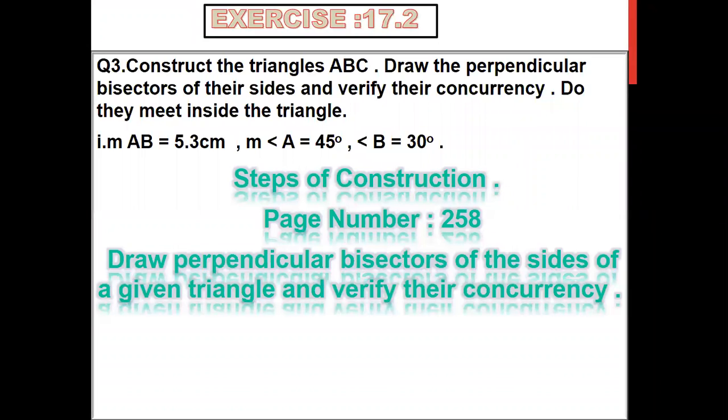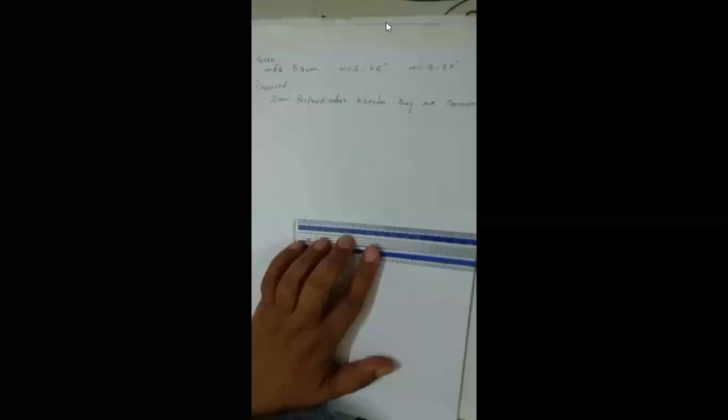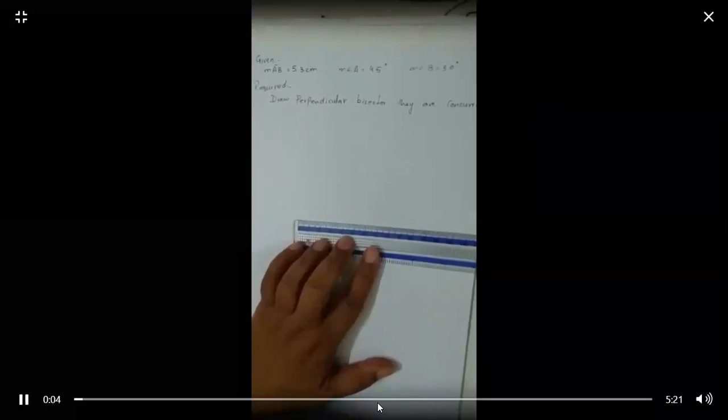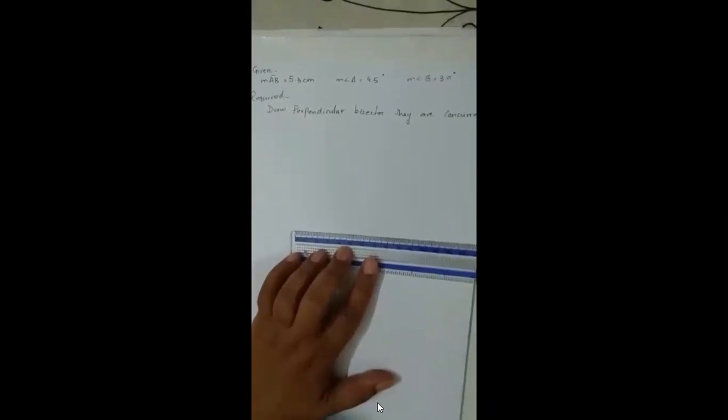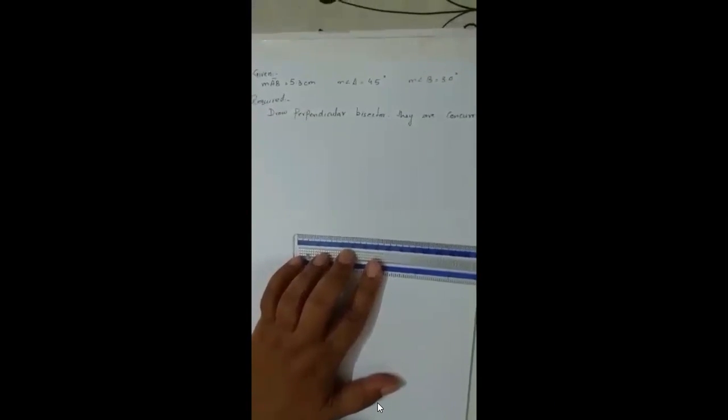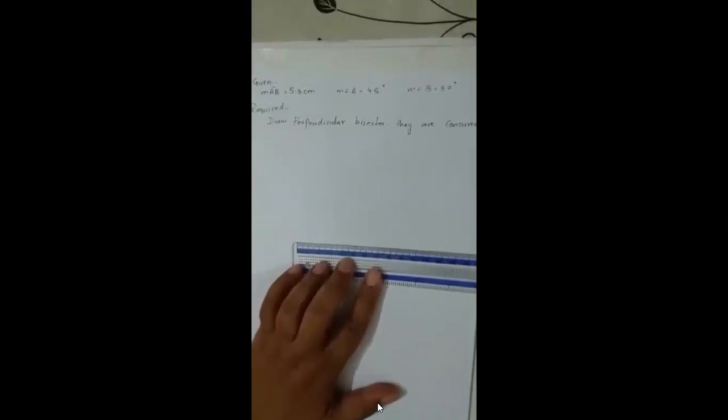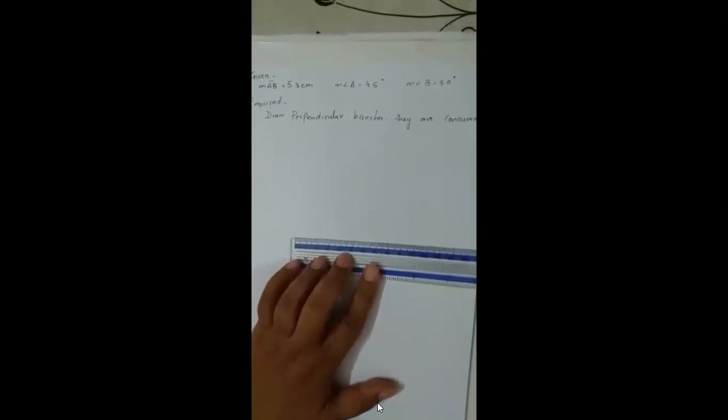In question 3, we will draw the perpendicular bisectors of the sides of the triangle and verify their concurrency. Do they meet inside the triangle? For an acute angle triangle, the point of concurrency of the perpendicular bisectors will always be inside the triangle. For a right angle triangle, they meet at the midpoint of the hypotenuse.